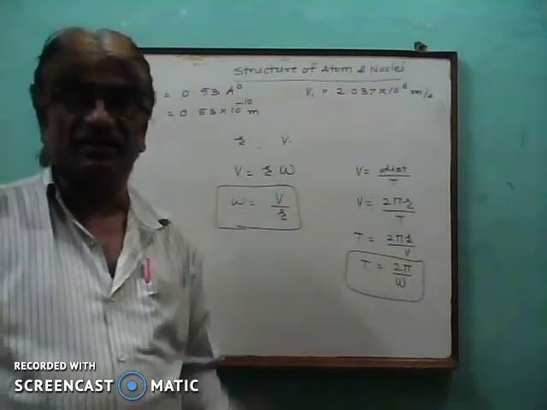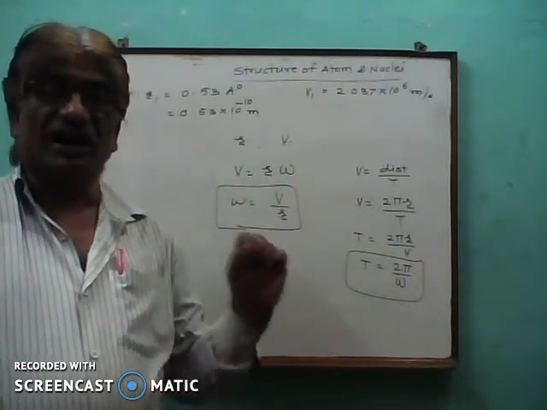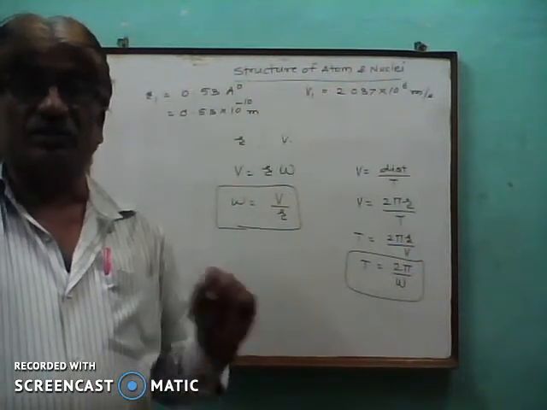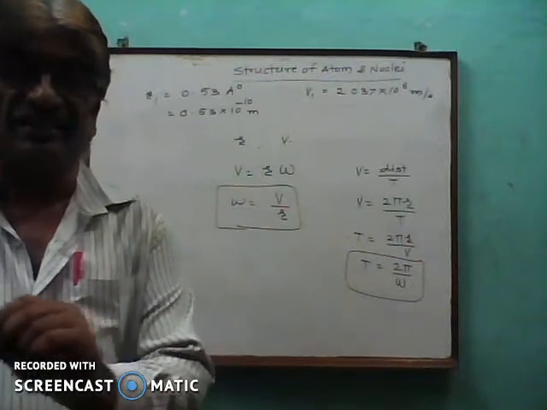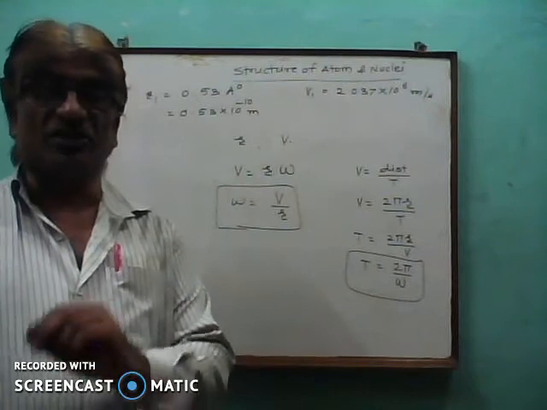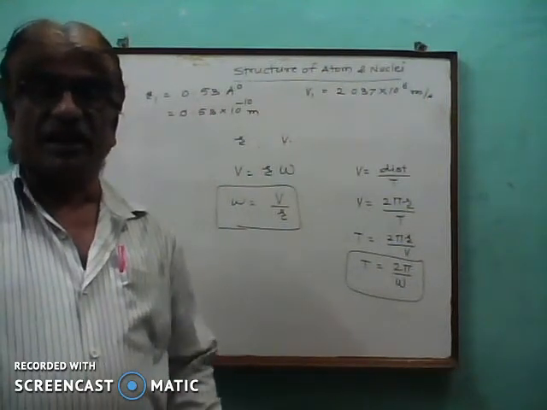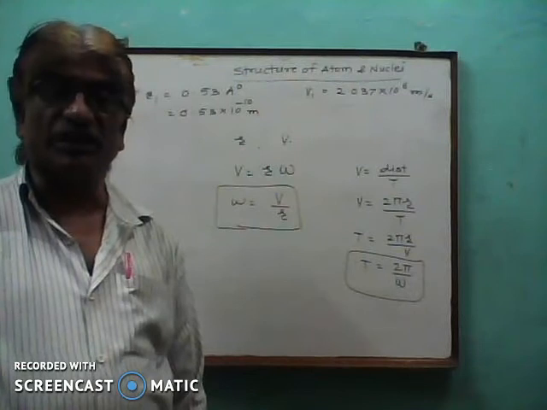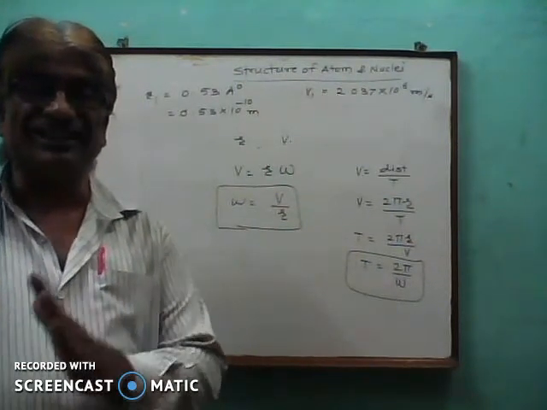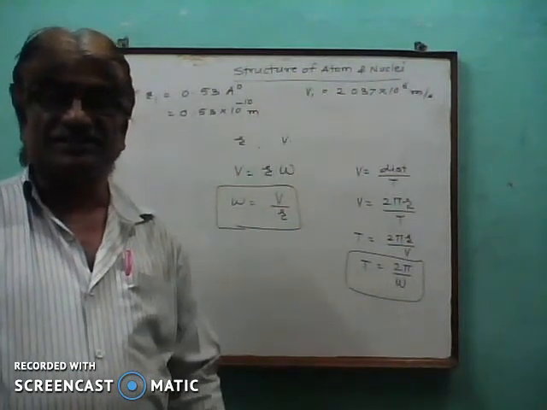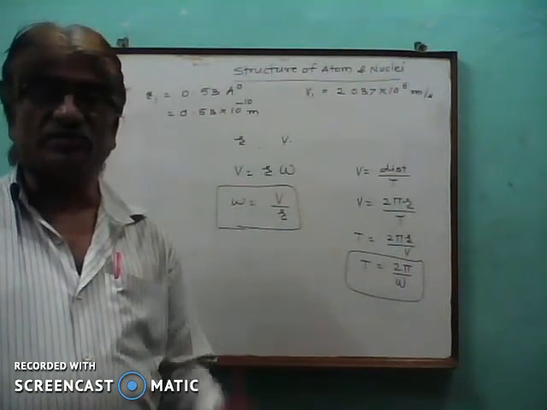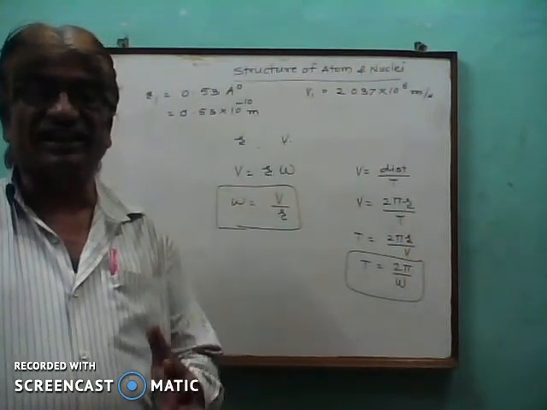We consider that m is the mass of the electron, r is the radius of the orbit, v is the velocity of the electron, plus e is the charge on the nucleus, and minus e is the charge on the electron. According to the first postulate, for circular motion a centripetal force is necessary. This centripetal force is provided by the electrostatic force between the nucleus and the electron.